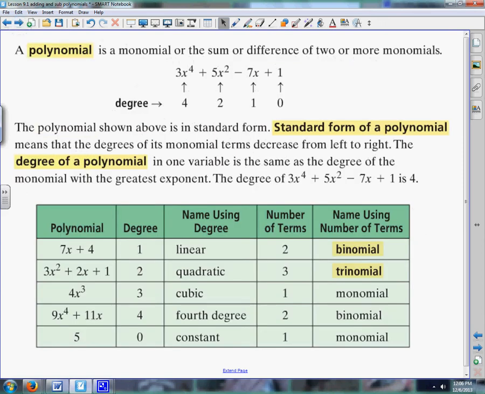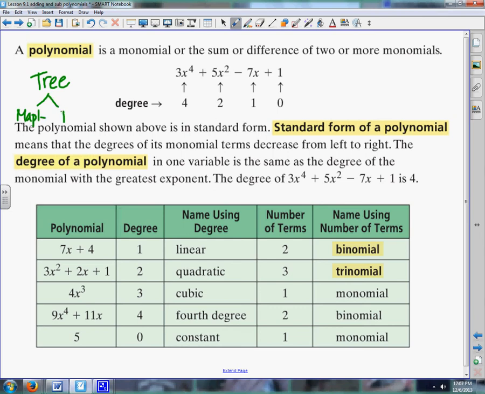Okay? A polynomial is a monomial or the sum or difference of two or more monomials. When you write down the word polynomial, that is the big heading, and then underneath it fall monomial, trinomial, binomial. A polynomial is like the word tree. If I were to say, look at that tree, well, it's not just a tree. It could be a maple tree.